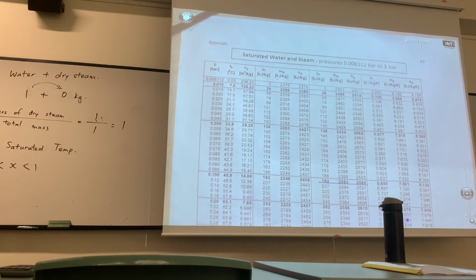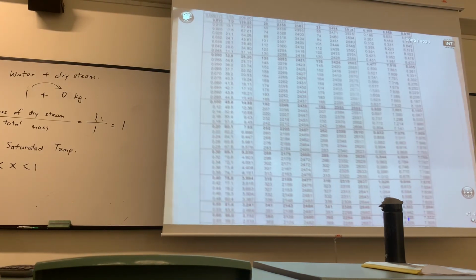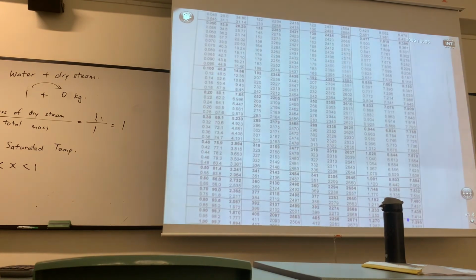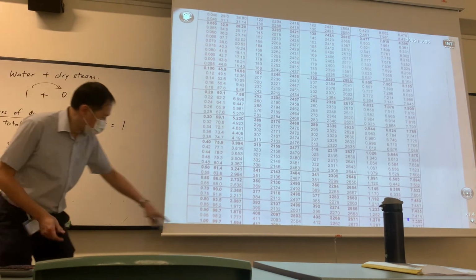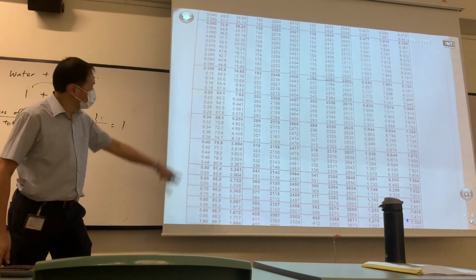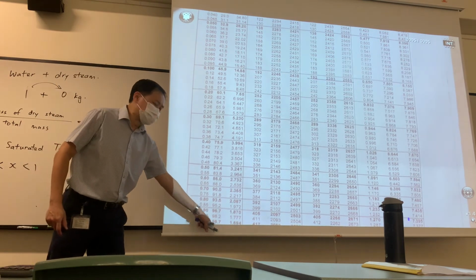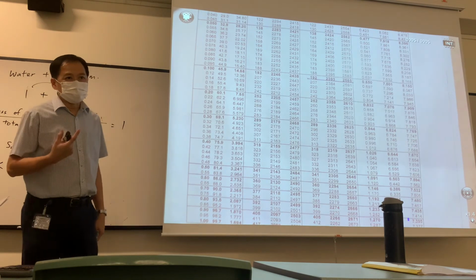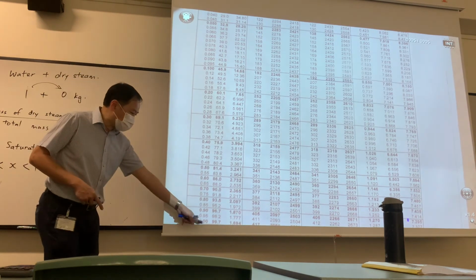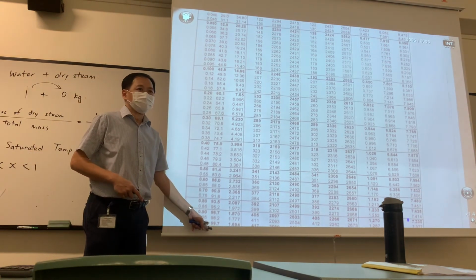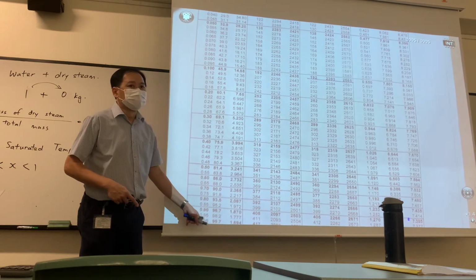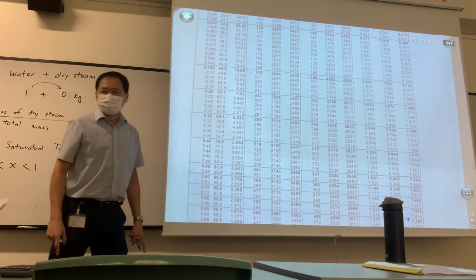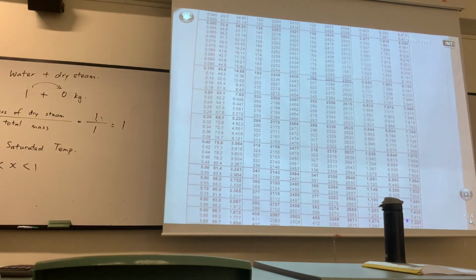Just as I mentioned, when your pressure is 1 bar, which is something like atmospheric pressure, which is here, you can see your temperature is 99.7. How come not 100? Because atmospheric pressure is 101.3 kPa, which is 1.013 bar. If you calculate with 1.013, you'll get 100 here. But now it's 1, so you see 99.7.